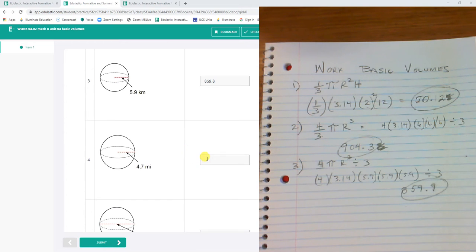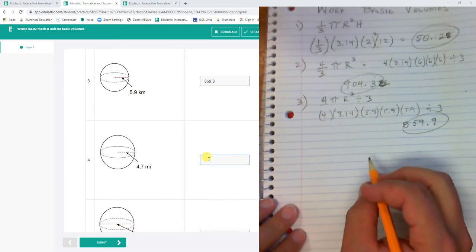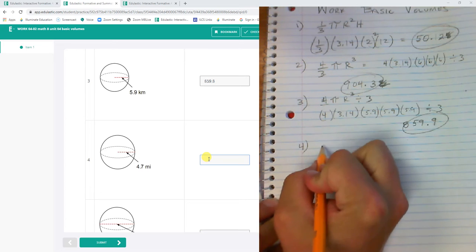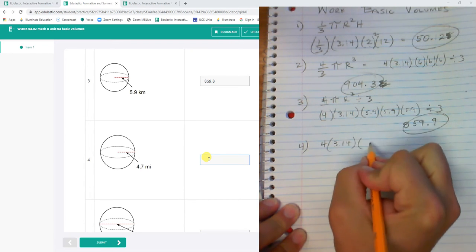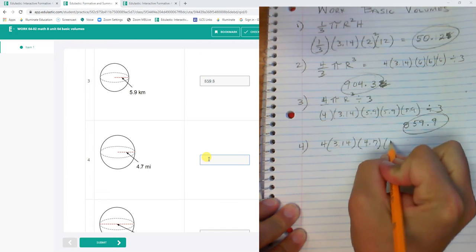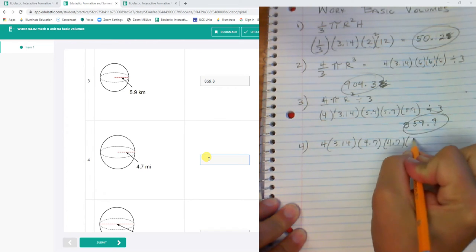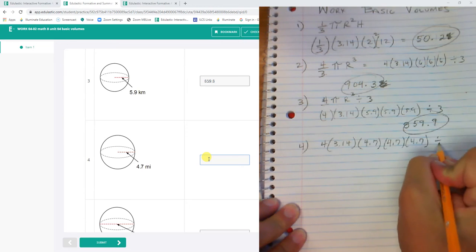Number 4. Four pi r, which is 4.7, divided by 3.